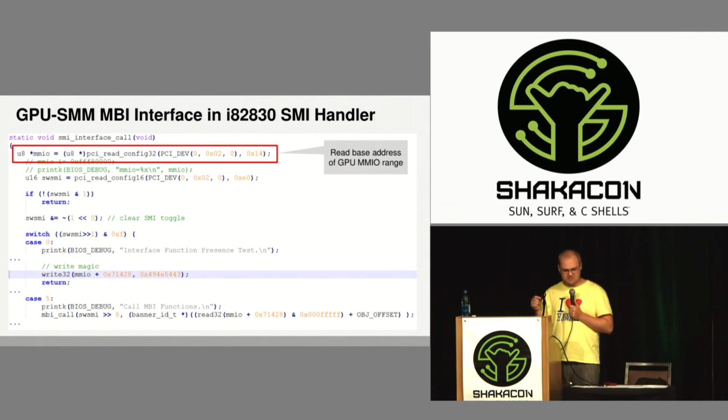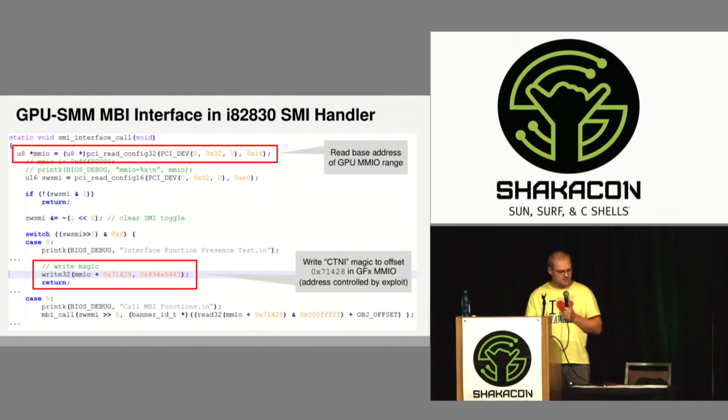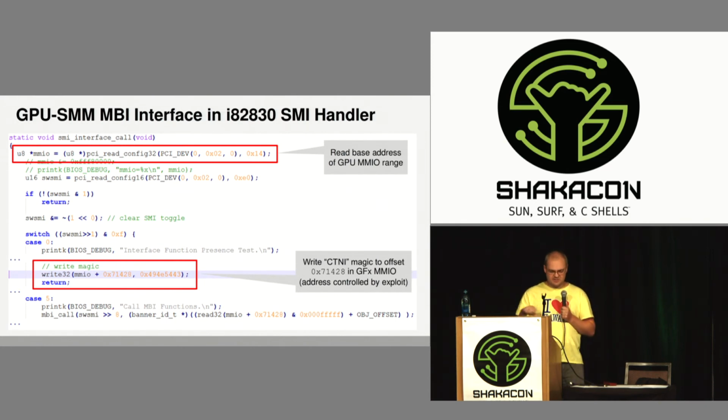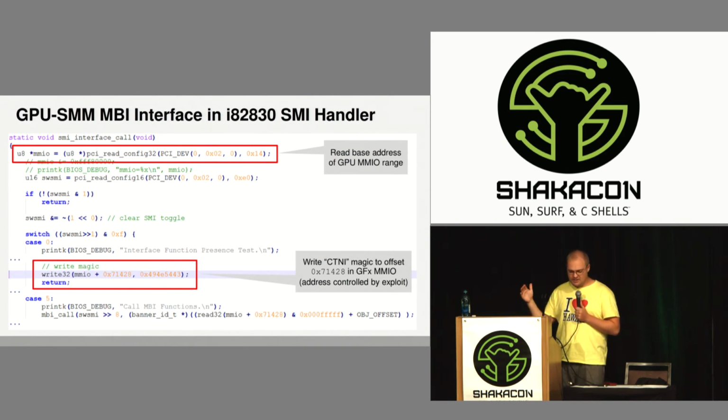The vulnerable SMI handler reads the MMIO bar from the PCI config space, and then has a write primitive back to that MMIO bar. Because the attacker may control this MMIO bar, they may relocate it to a different location and have a write primitive, for example, to the SMM code.